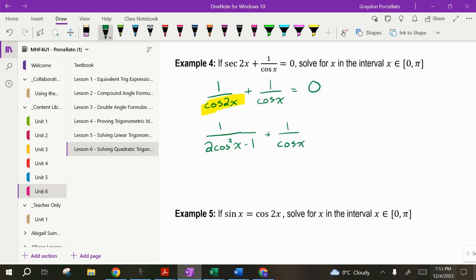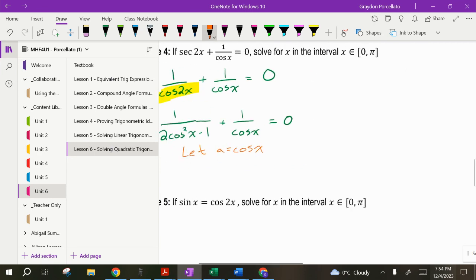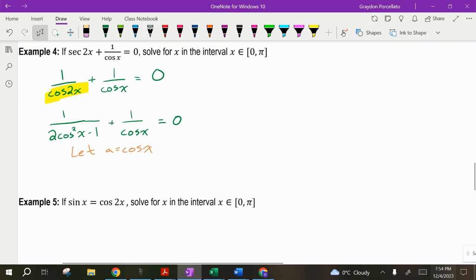Now what we can do is, unfortunately, we need a common denominator. But before I do that, and watch this, because again, this is kind of a step where it's a little easier. I'm going to say let a equal cos x. So watch what this does. Okay, I'm going to minimize that. Watch what this does.